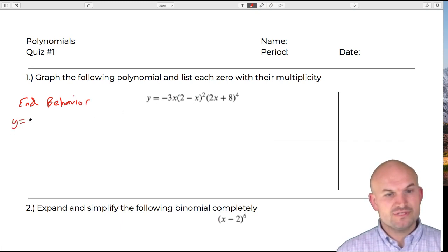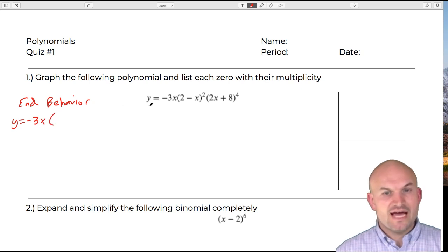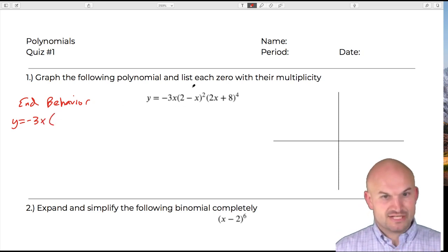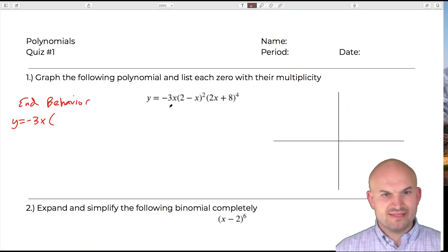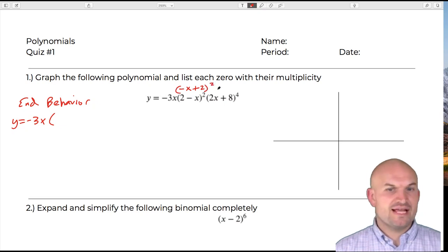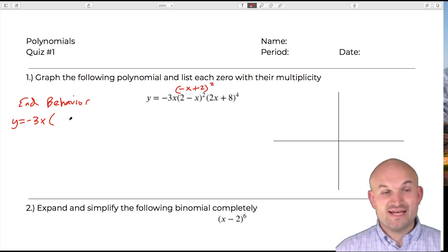So if I did y equals negative 3x, and then expanded out 2 minus x, you might want to rewrite that in another form, for instance negative x plus 2. Negative x plus 2 times negative x plus 2, either way, is going to give you a positive x squared.